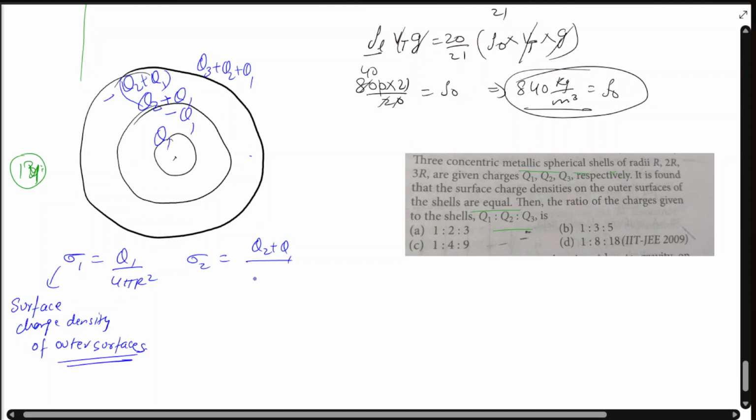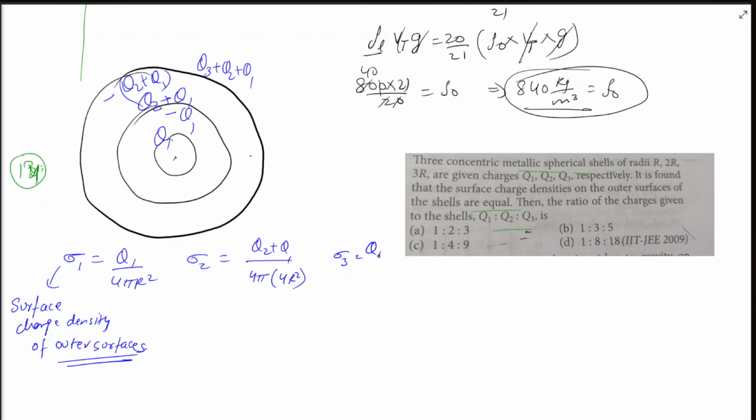Sigma 2 will be over 4 pi 2r square, so 4r square I can directly write, and sigma 3 will be Q1 plus Q2 plus Q3 divided by 4 pi 9r square. And all these three are equal.